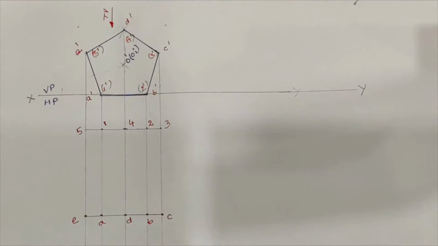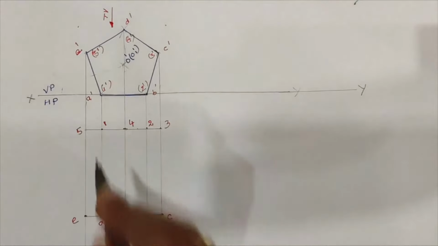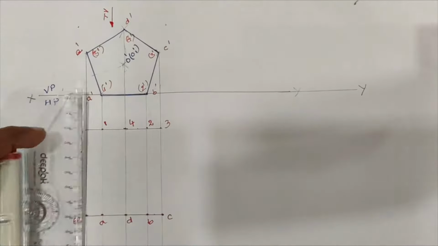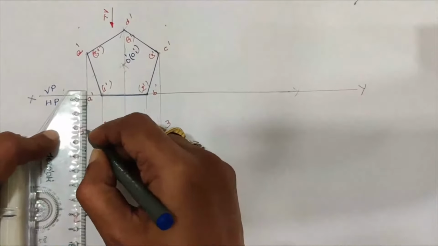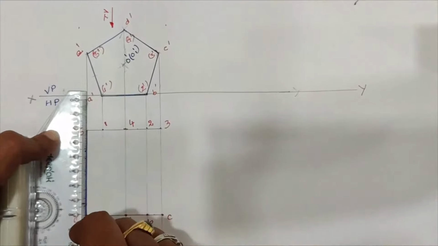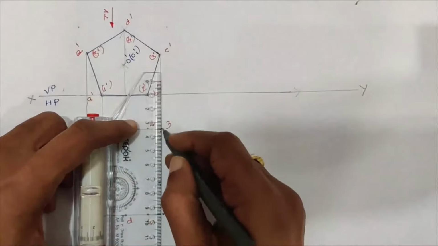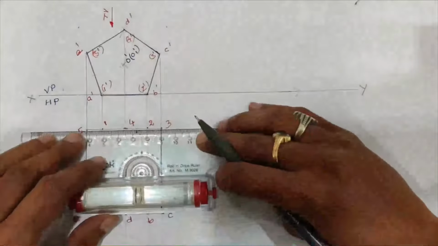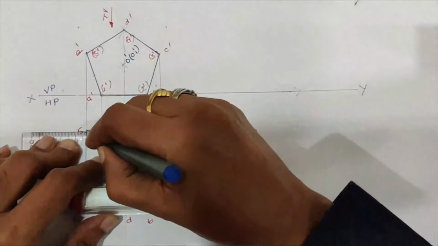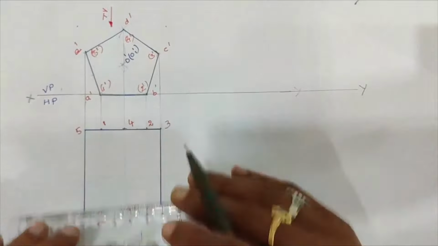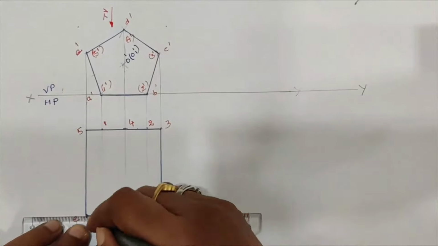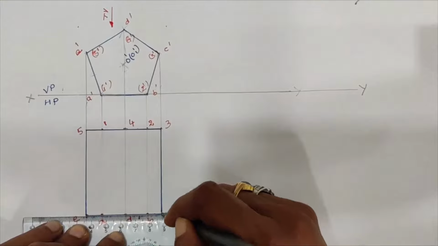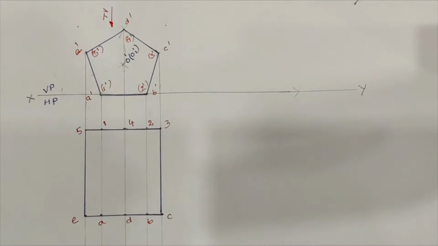As a first step, join all outside points with continuous and dark lines. Then identify the corner or corners which are nearer to the observer.